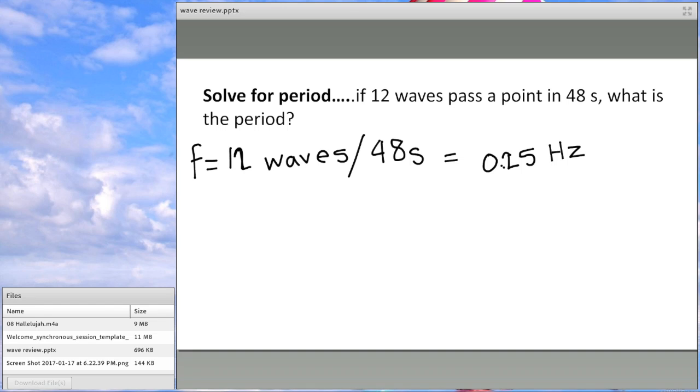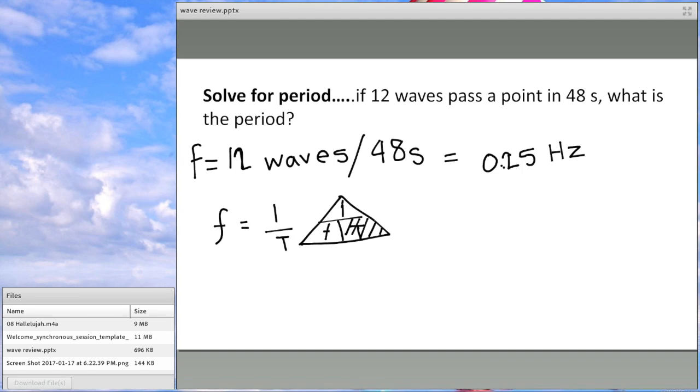Okay, so then if I want to solve for period, remember our formula for frequency is 1 divided by T. So then I can put that in my triangle. F is 1 divided by T. I'm looking for period.